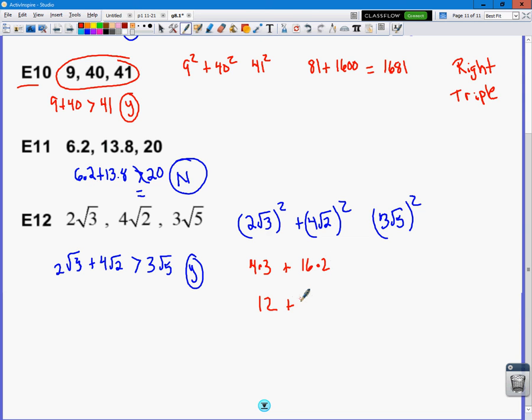And 16 times 2 is 32. What is 3 squared? And the square root of 5 squared is? So, 44, 45. Which side is bigger, the a squared, b squared, or the c squared? C squared side is bigger, so it's obtuse.